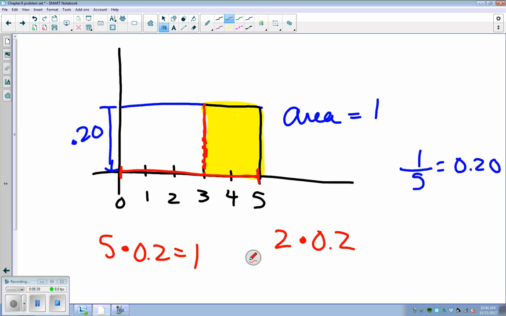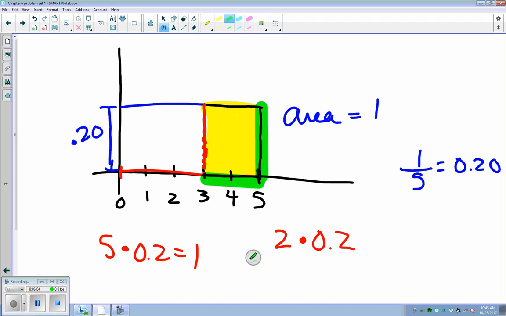Well, what is the area? It's 1, 2 units long there, right? And how high is it? The height is always going to be 0.2. So length times width will give me the area of that smaller rectangle. If it was 1, it would be just 0.1? Yes.